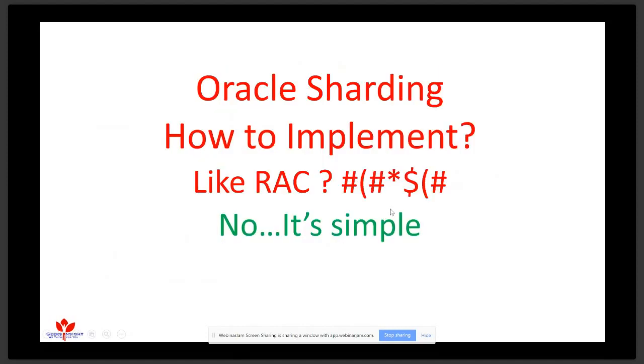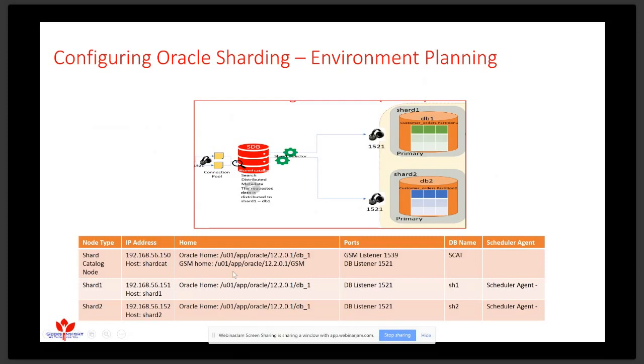So how to implement? Like RAC, we have a lot of issues in RAC installation, private networks, and all this stuff. No, but it's simple. Let's look at it. I've just given a test for that. What we need basically is probably 3 nodes if you want to implement. You need GSM software additionally on the shard catalog node.